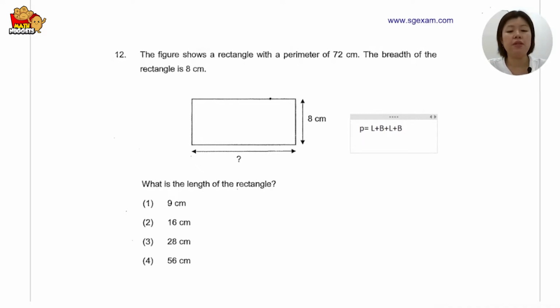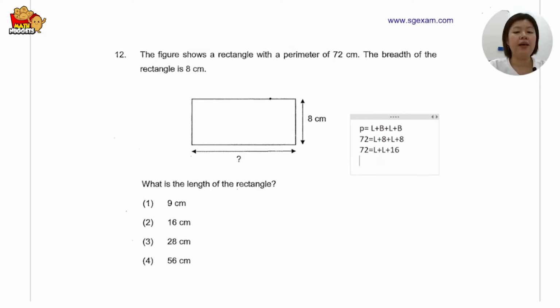So we have perimeter 72, which is equal to length, I don't know, but I know my breadth is 8. So I can take 72 is equal to 2 lengths plus 16.